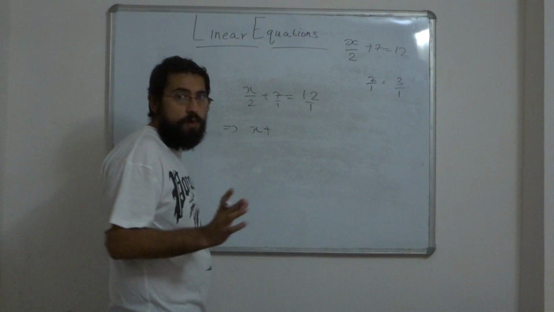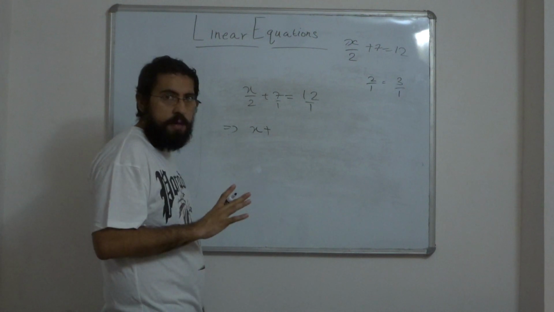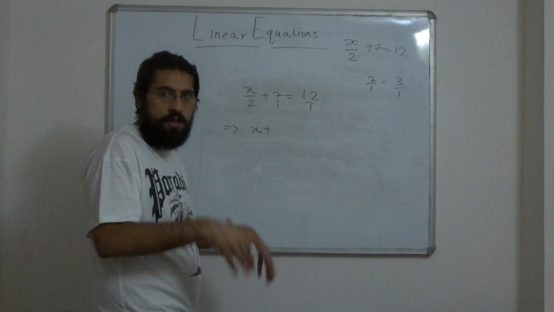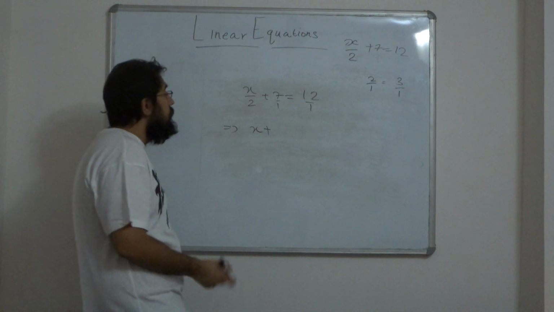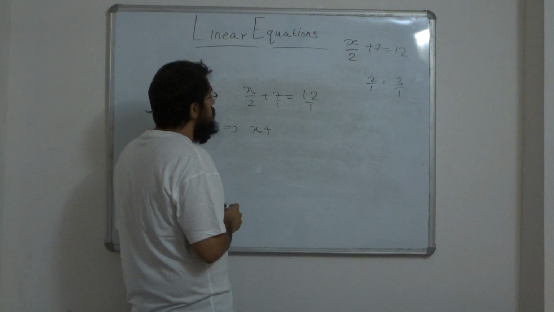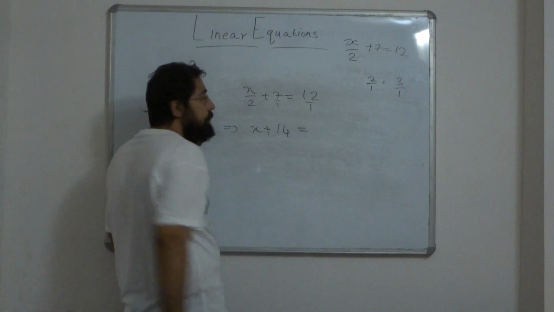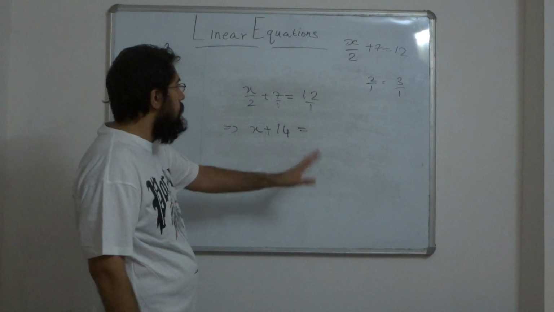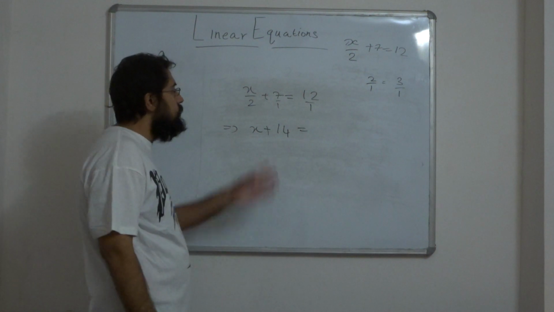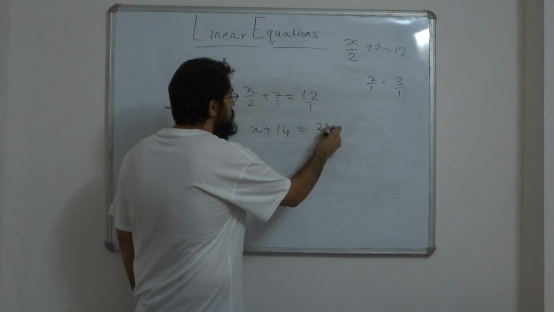Now I hope you guys know how to multiply and divide by fractions. If you want me to make a video on that as well, put it in the comments below. So basically now, you have 2 divided by 1, which is 2. So 2 multiplied by 7 is 14. And then again, 2 divided by 1 is 2, and then 12 multiplied by 2 is 24.